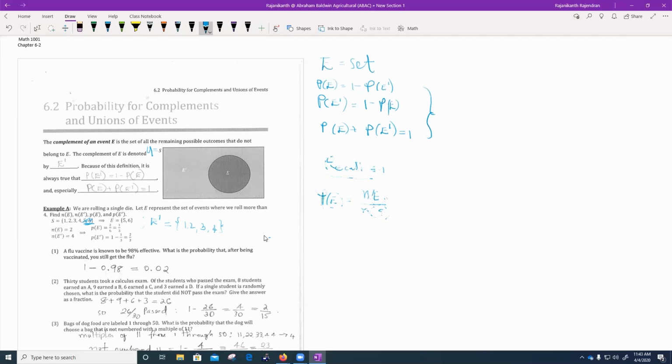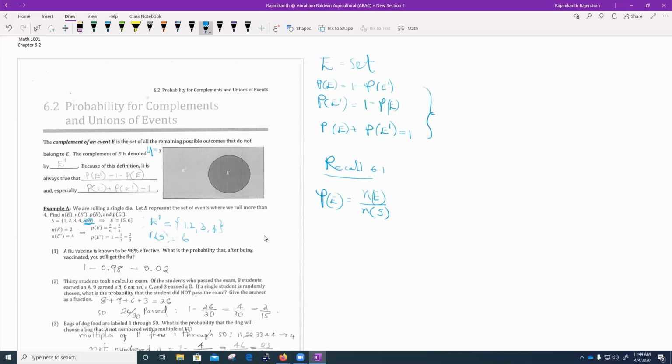What is n(S) here? n(S) is the number of outcomes in my sample space. If you look here, this is my sample space. There are 6 of them, therefore n(S) is 6. Applying this formula, P(E) is n(E) over n(S), and my n(E) is 2, n(S) is 6. Therefore, 2 over 6.